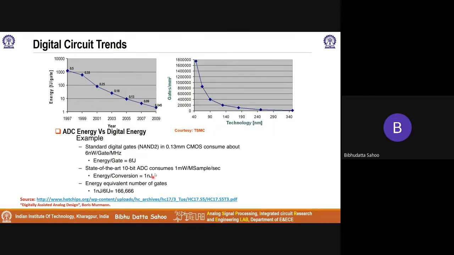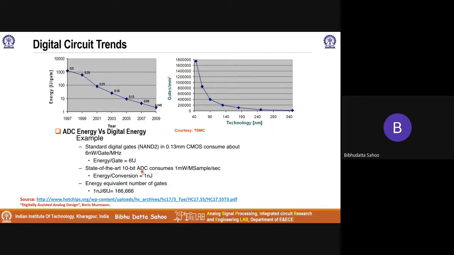So if I can reduce the analog power by making a sloppy analog circuit, and if these many gates can be used to compensate, to figure out what the sloppiness in the analog circuit was, I can certainly win by using digital circuits. So that's why, to achieve lower power in analog circuits, we go for a digitally assisted analog circuit.